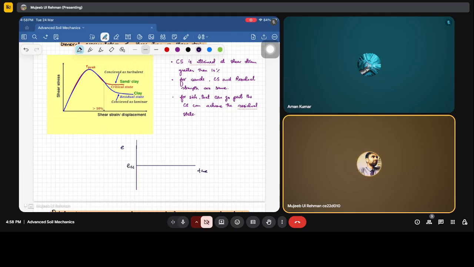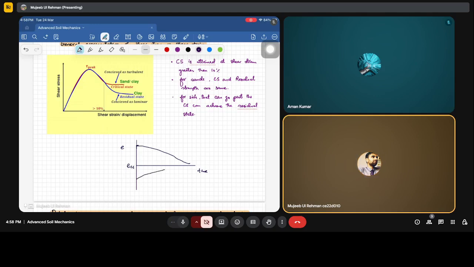Loose soil, as in the previous week 5 or week 6, has a tendency to reach the critical state by contraction. It will have a void ratio higher than the critical state, so it will reach the critical state by contraction. And dense soils have a void ratio less than the critical state, so they will reach the critical state by dilating.